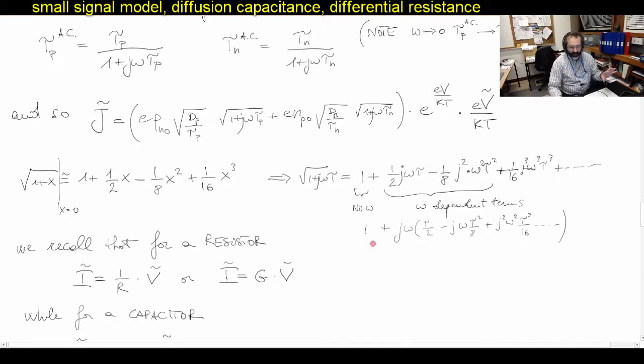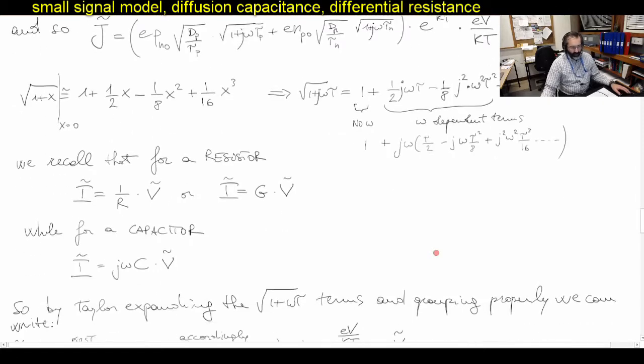So as I did here, we could think of writing this as one term that has no omega dependence, and all the rest, but written in a clever way, j omega times all the rest. As you can see, all the rest is also made of a constant and something that depends on omega. We will come back to this in a moment.